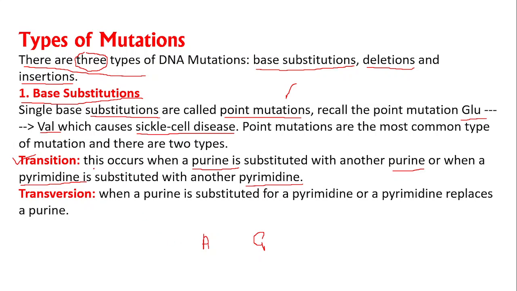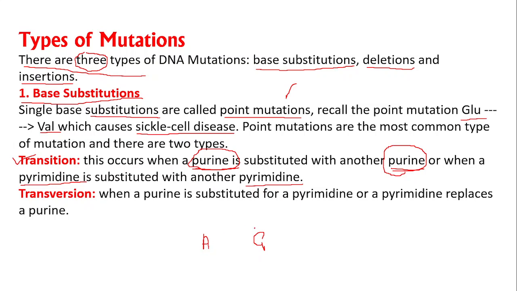What exactly happens in the base substitution? If one purine is replaced by another purine, or a pyrimidine is replaced by another pyrimidine, then it is called transition. Very important point here: a purine is replaced by a purine and a pyrimidine is replaced by a pyrimidine.